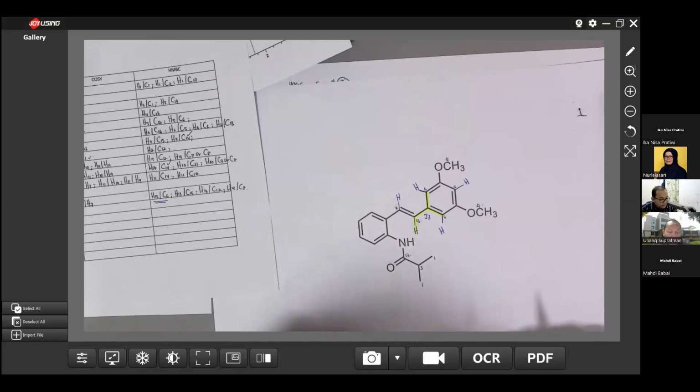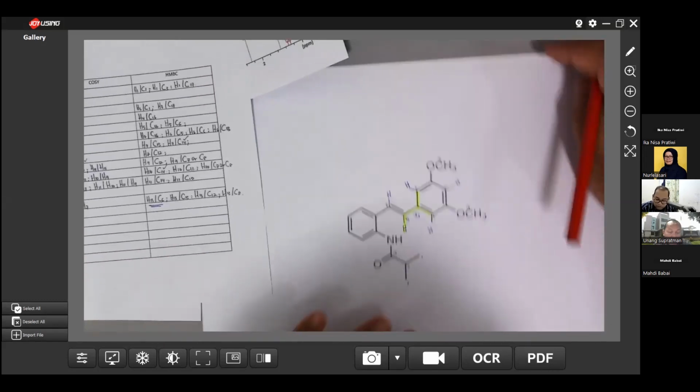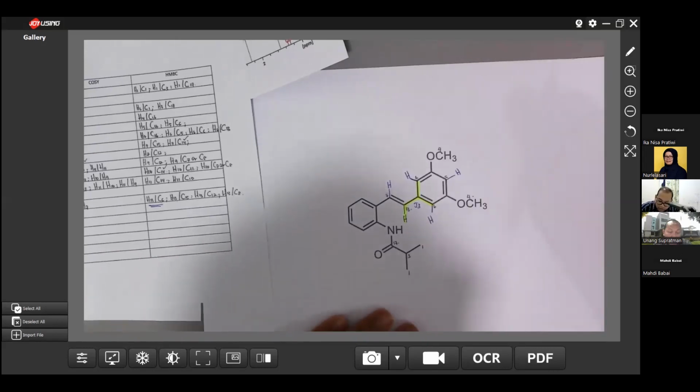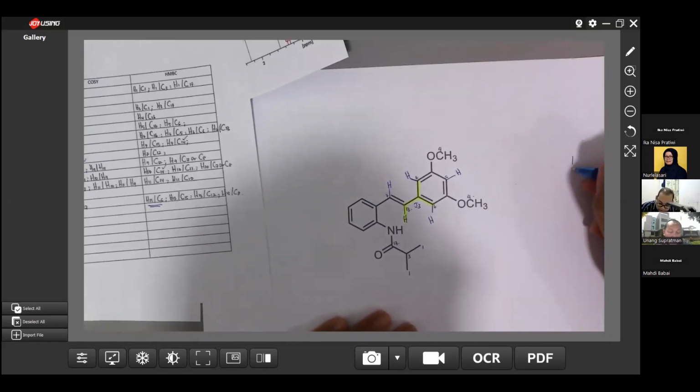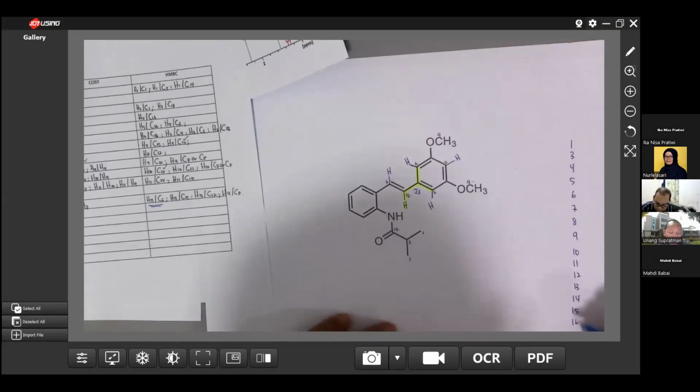So what else? What have we done? We put the labels. Carbon number 1, 3, 4, 5, 6, 7, 8, 9, 10, 11, 12, 13, 14, 15, 16, 17.